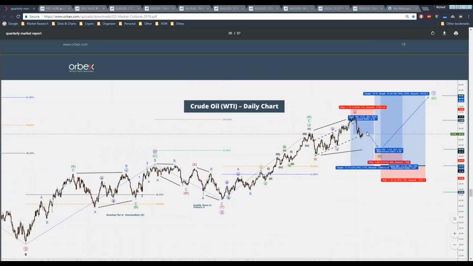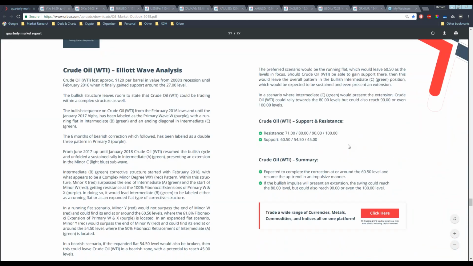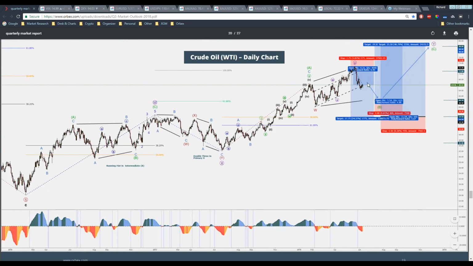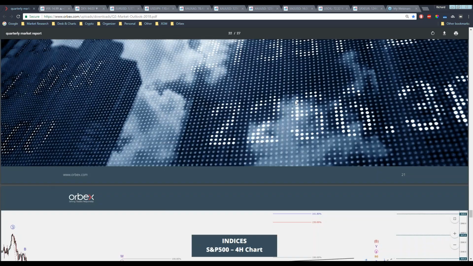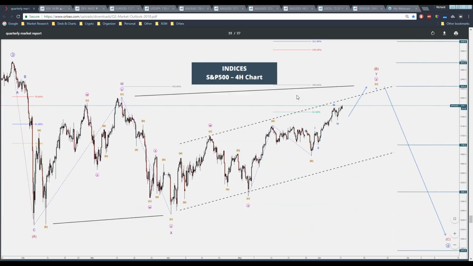Even crude oil, I thought it was gonna break out, and any trader would have thought that way because it kind of broke out, right? So it did drop and then immediately returned. This only complicates the structure, so that's the reason why I still believe that. So S&P 500 didn't provide that rise anymore, right?